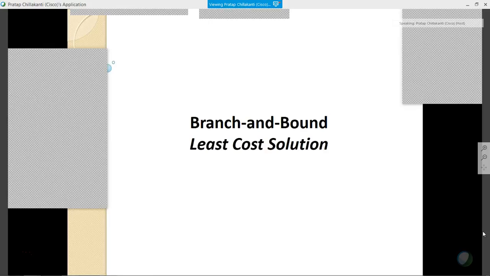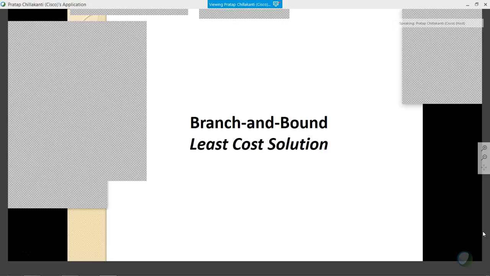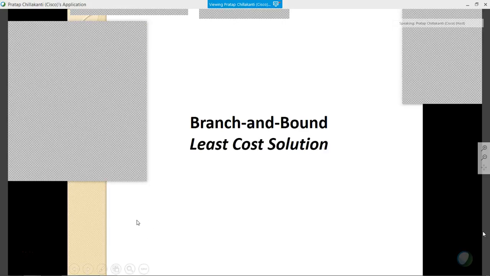Okay. Moving along, any questions? So another interesting aspect of branch and bound is that oftentimes when we are trying to solve problems, cost is always a factor for us. You want to have a least cost solution, right?